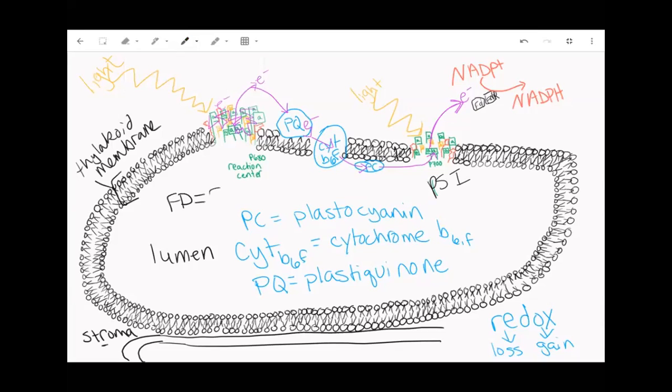So ferredoxin, and then FDNR, or FNR, there, ferredoxin NADP plus reductase.